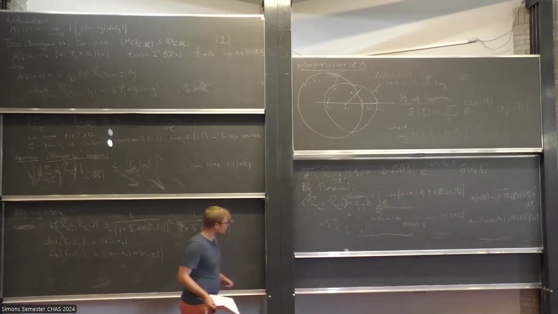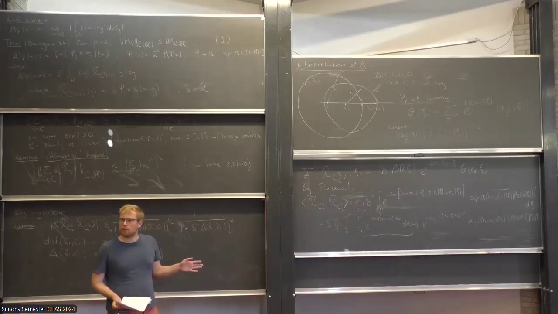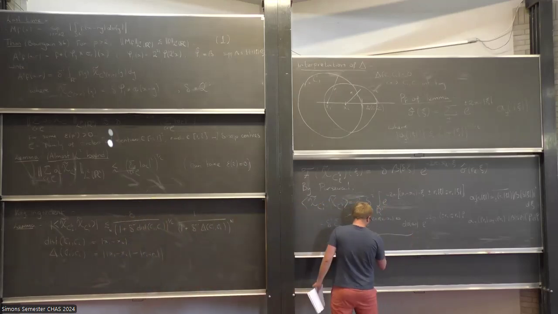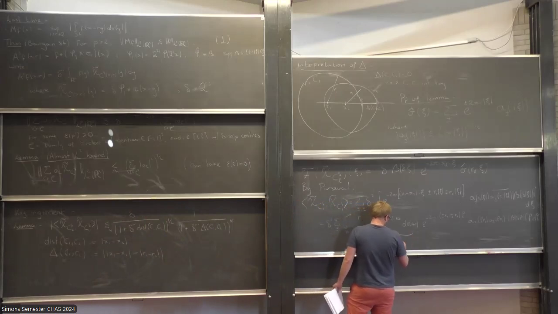It's an integral, but this is just exactly the Fourier transform of the measure on the sphere, evaluated at a specific point. So this is just sigma hat of rho times x1 minus x2.